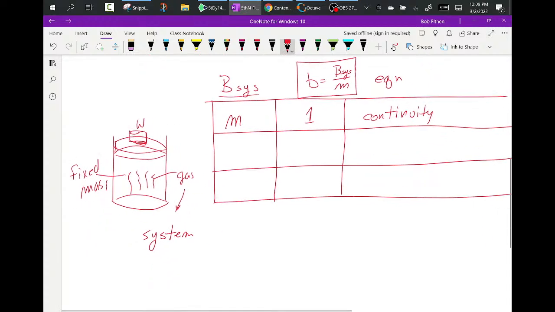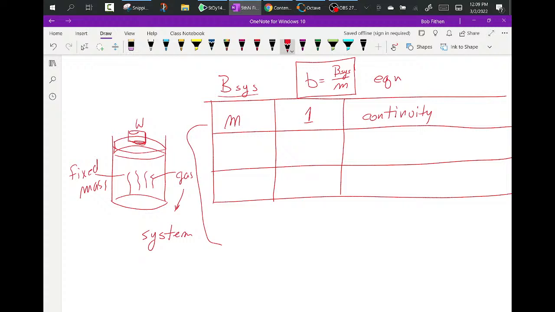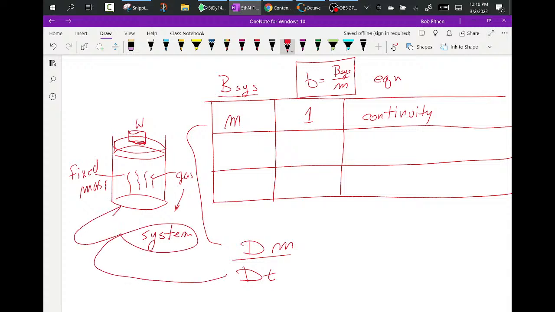But let's think about it like this. Let's look at this. What is the change in the mass over T? Your thought process should go to the system, which should be right here. And what is the change of mass in a fixed mass system? It should be 0.